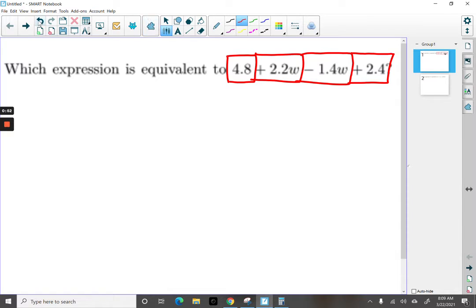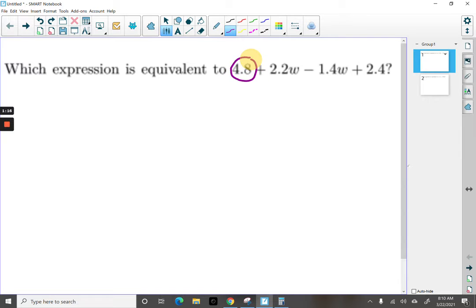Now, one of the cool things about expressions and simplifying them is that we are allowed to take terms and combine them with other like terms. Like terms are terms that have the same variable to the same power. Or in this case, we actually have some of them that don't have variables at all.